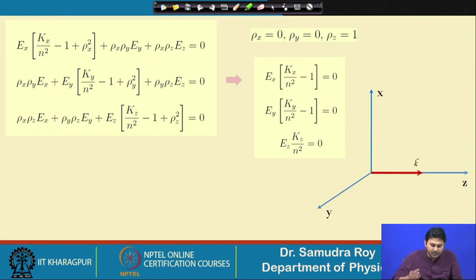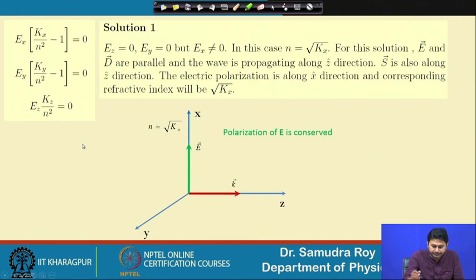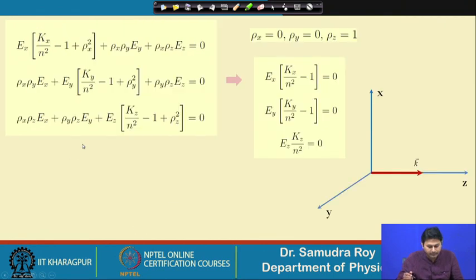These are the three equations that we have already derived.